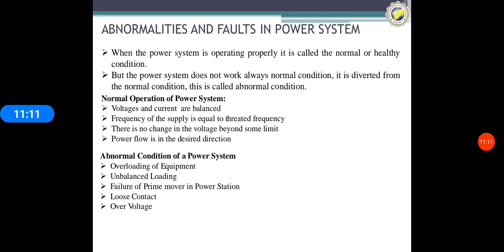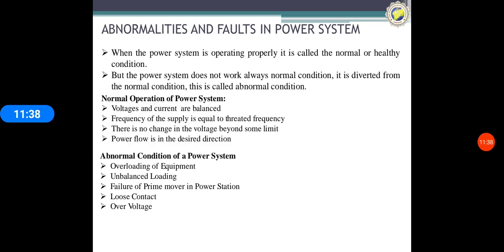This is called overloading of the equipment. Next is unbalanced loading. It means the currents of all three phases should be almost equal, but the system loses its stability when the current unbalance goes beyond some limit. This is called unbalanced loading.